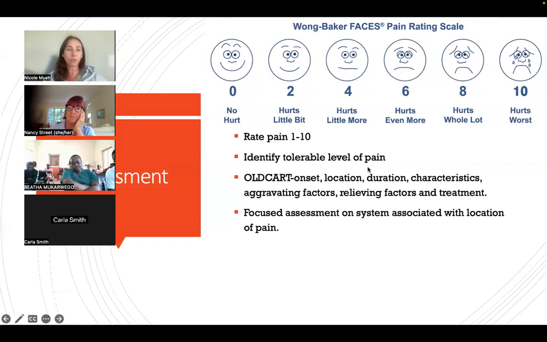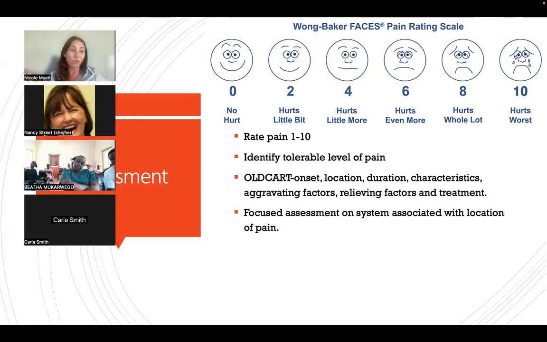The other thing that's really important is to ask, what is a tolerable level of pain? We find here that sometimes people have an unrealistic expectation that after surgery, they're going to feel no pain. And that's just not true. After surgery, you are going to feel some pain, even when medicated. And so we want to find out, what is tolerable to you? Is it a 3 or a 4?